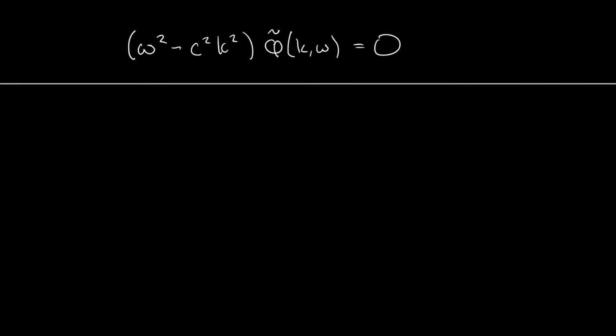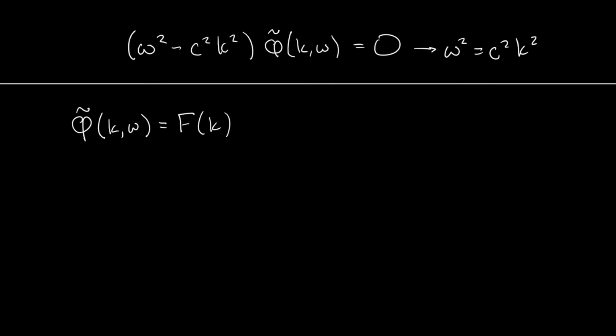The important thing is that this exactly reproduces our dispersion relation, right? This tells me that I have to require omega squared equals c squared k squared. So again, just like before, I can write my solution for phi in terms of delta functions. But this time, the coefficients aren't just going to be constants, right? This only solves for one of my variables.